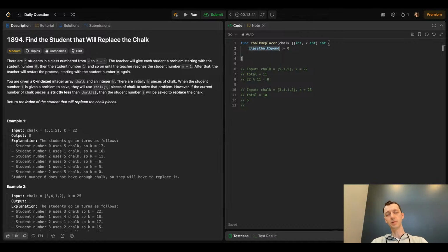Spanning consumption, spanning. Yeah, for this class, class chalk needs or class chalk, yeah, consumption. Let's just call it like that. It's fine. So we'll go over, yeah, so let's try to implement this solution.